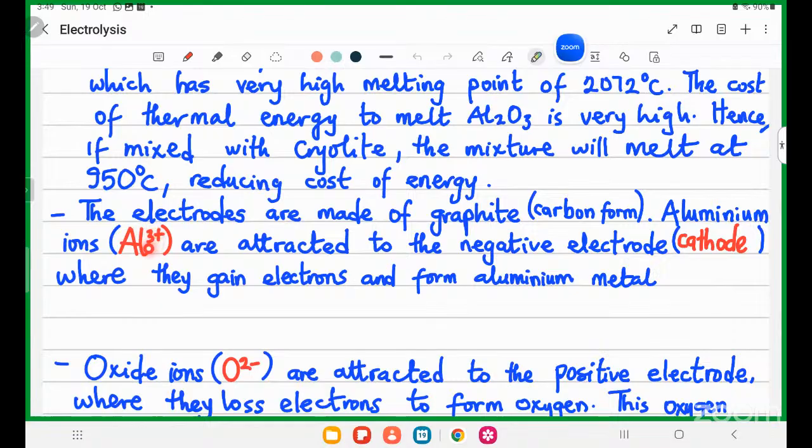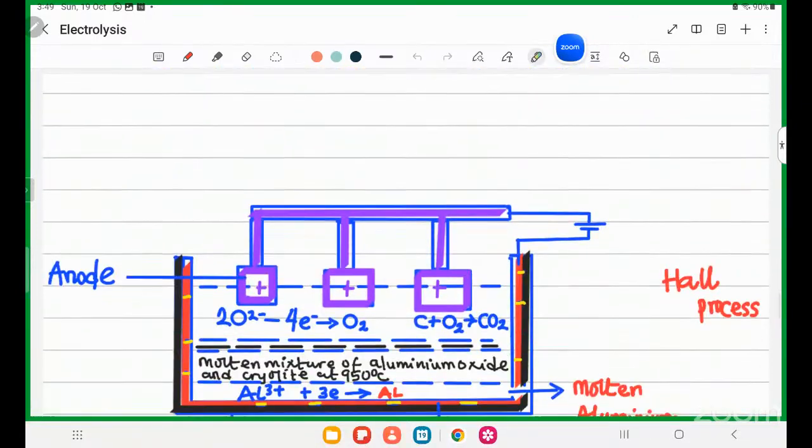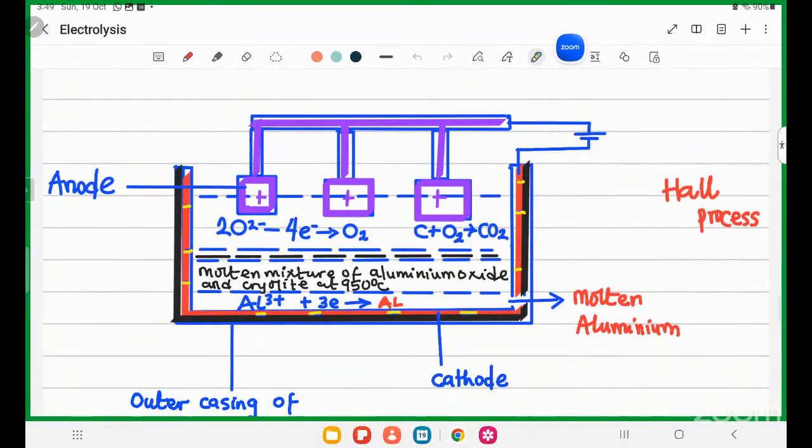Aluminum ion is the cation, so there it gains electrons and forms aluminum metal. This is the cathode, the red line. The process by which we extract aluminum is known as the Hall process.